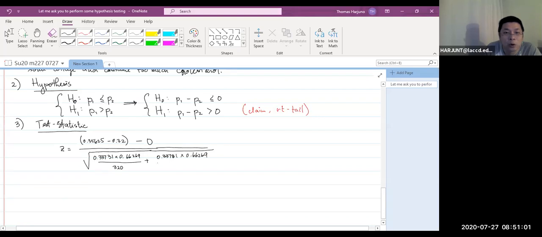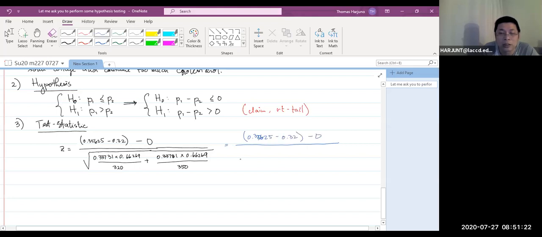0.66269 over 350. By the way, if you want to save your time in typing this, of course, you need to know some algebra to know why this is true. You can actually do the following. This is 0.35625 minus 0.32 minus 0.